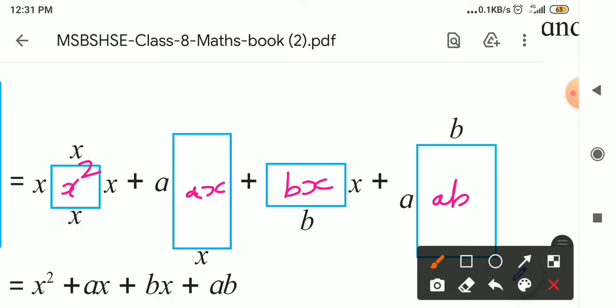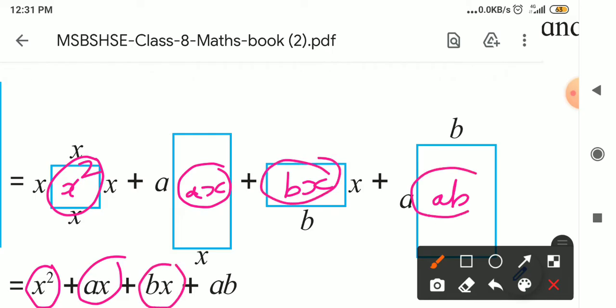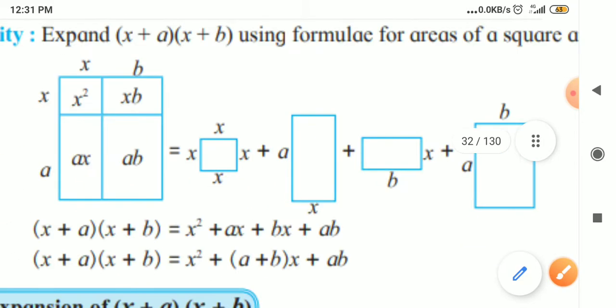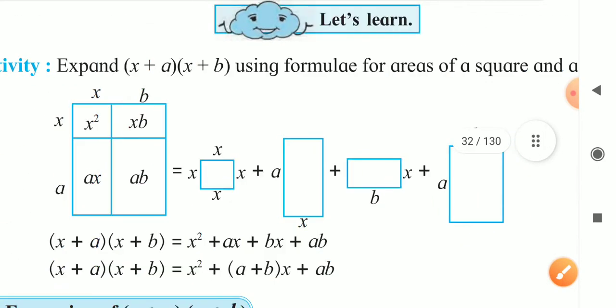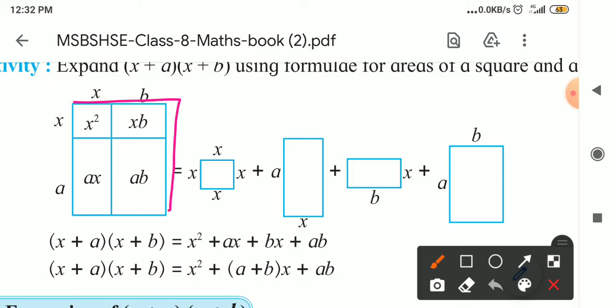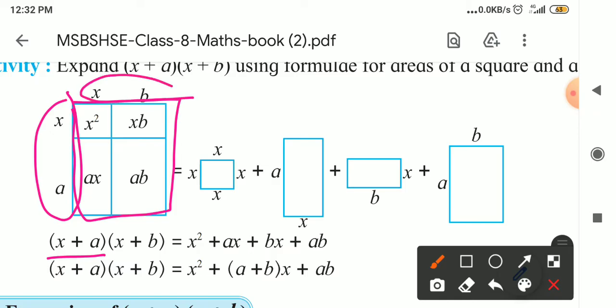So all these areas you have to add: x square, ax, bx and ab. Then the area of this big quadrilateral is length into breadth, where length is x plus a and breadth is x plus b.